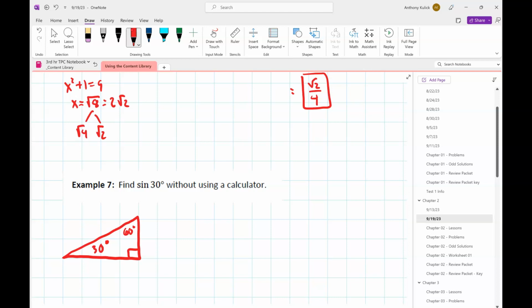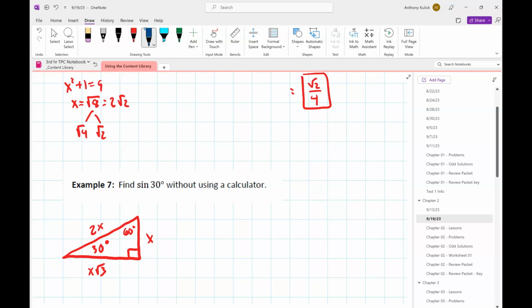Recall the 30, 60, 90 triangle has side lengths with ratios x, x root 3, and then 2x. Yep. The way I remember this is root 3 is like 1.69.